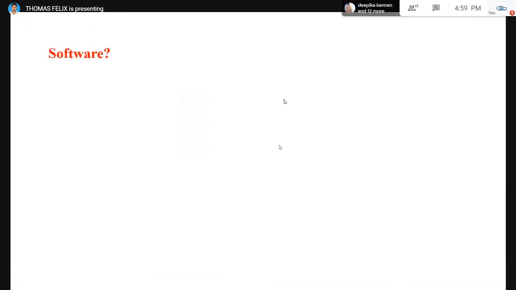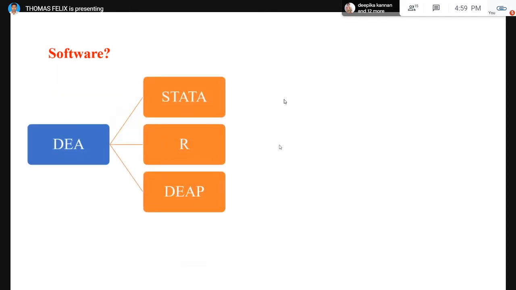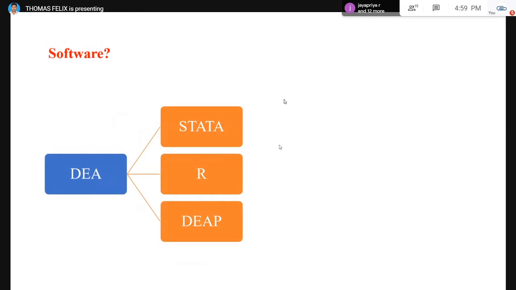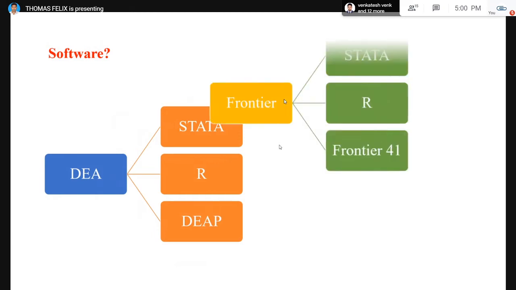So what are the software we can use to derive the technical efficiency? DEA can be derived using Stata or DAP. The DAP software is released by the Queensland website, so you can get the DEA software, but it is a non-parametric approach. Usually most of them prefer the parametric approach.